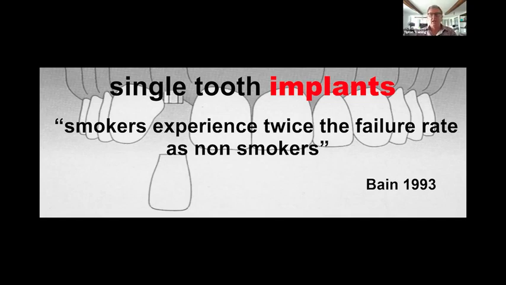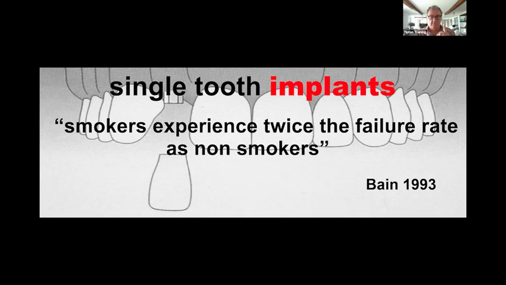A smoker will not have a huge detrimental effect on your bridge design. It may be from a periodontal point of view, but not from a caries, from a marginal seal point of view, from an endodontic point of view. However, the smoker will have twice the failure rate from an implant. So we have to look at where those implants are going to be placed.